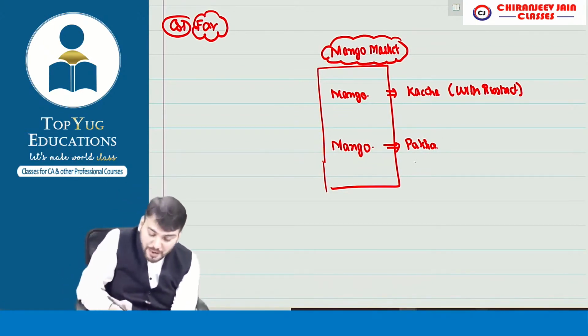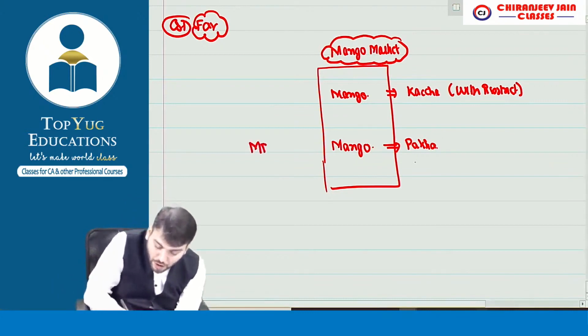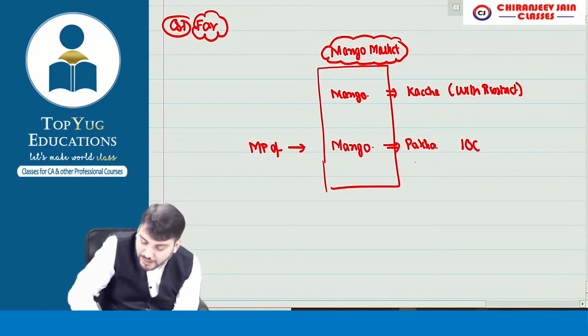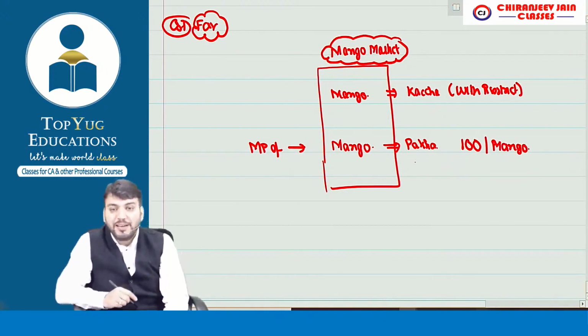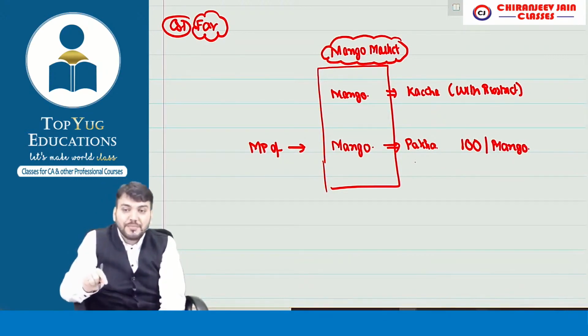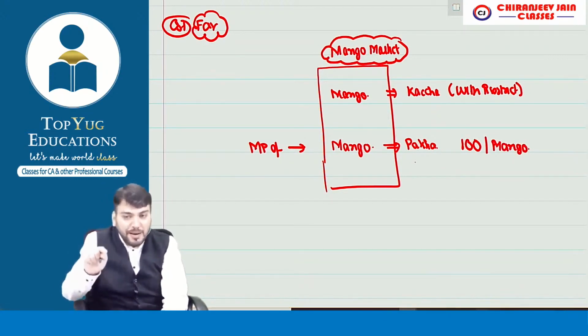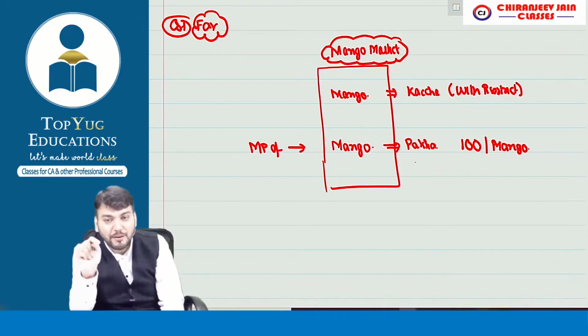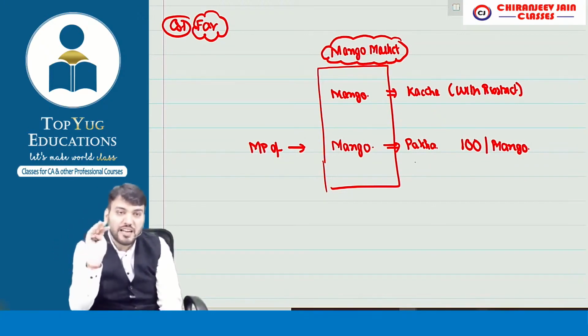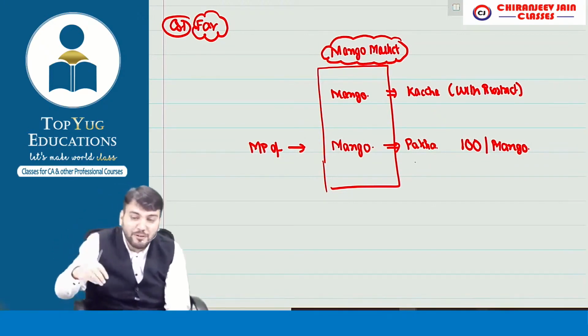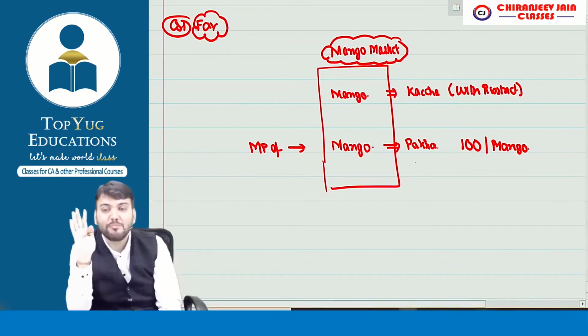Now, the market price of this mango is rupees 100 per mango. If you want to buy pakka mango, then you need to pay how much? 100 per mango. But just try to understand. Suppose I want to purchase kacha mango, not pakka mango.